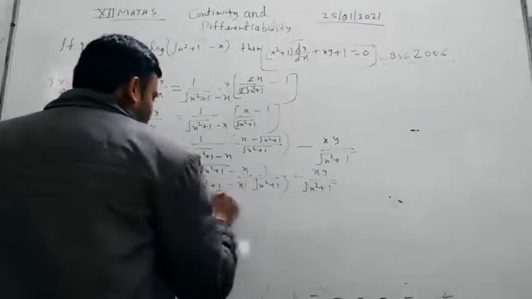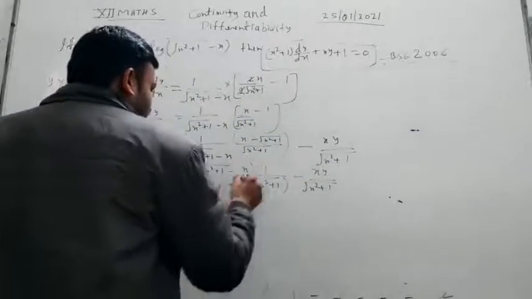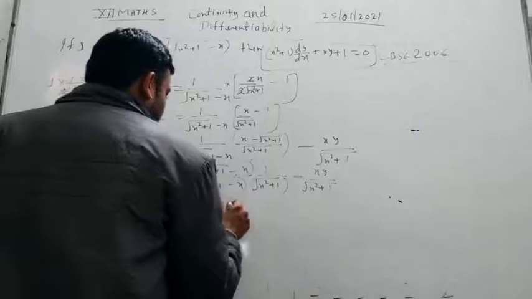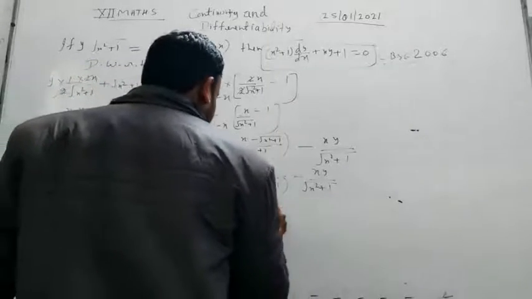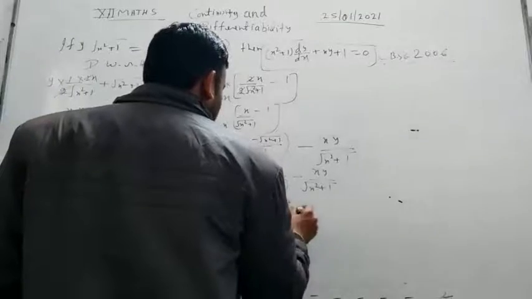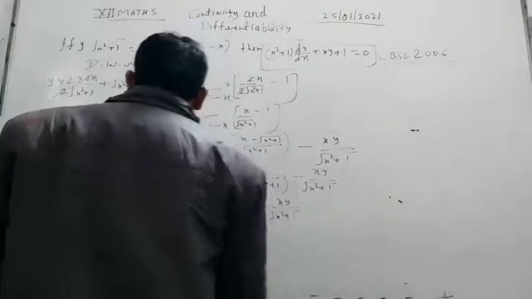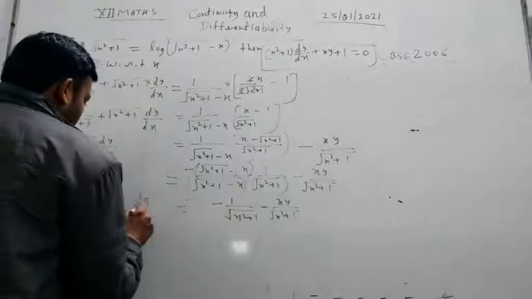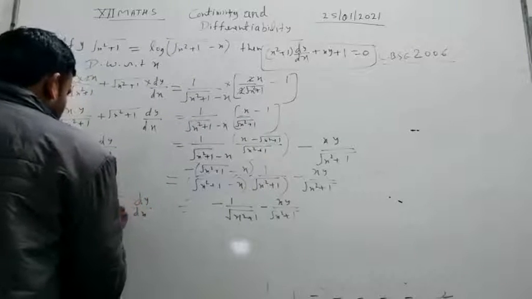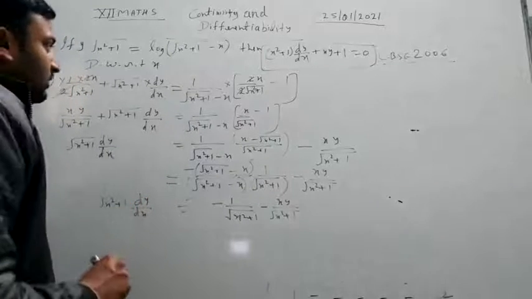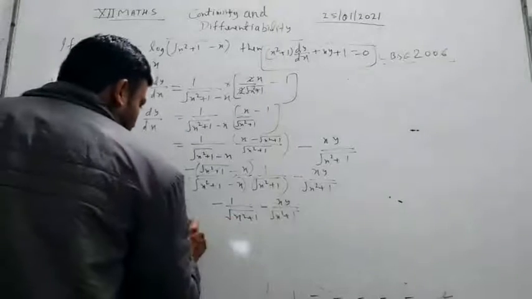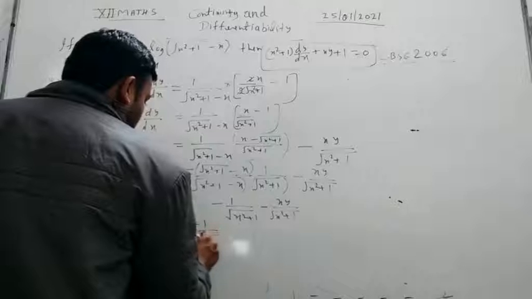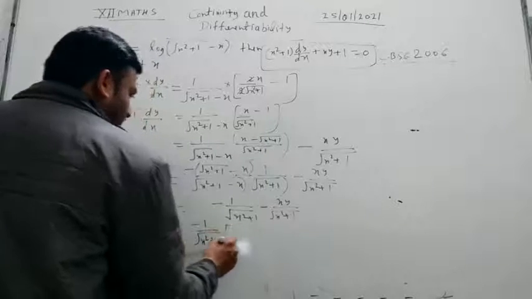So this part is cancelled, and we get minus 1 by x square plus 1 and minus xy by under root x square plus 1. Now we take a common minus under root x square plus 1.